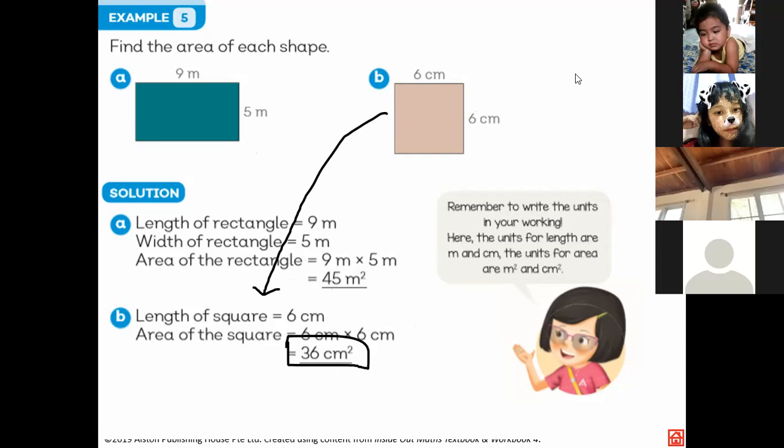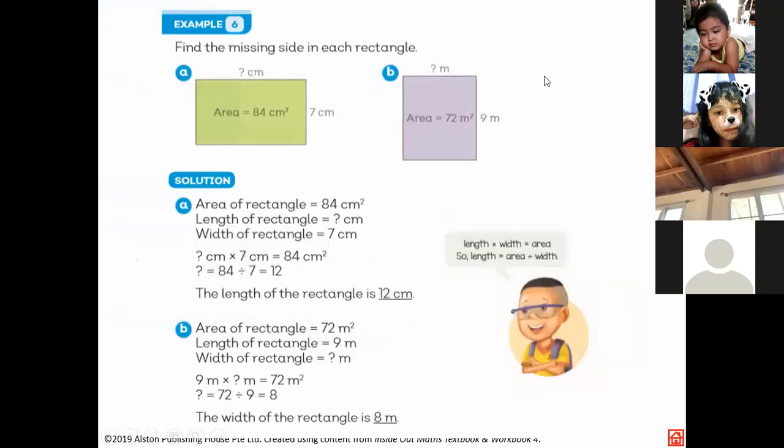All right, let's try example number 6, class. We have letter A and letter B. Let's try letter A first. So the solution here: the length is missing, but we have the width.